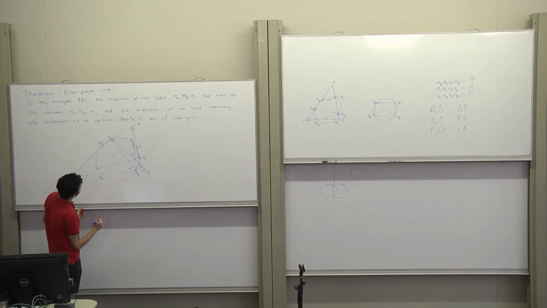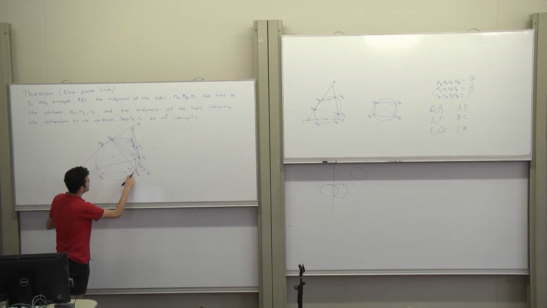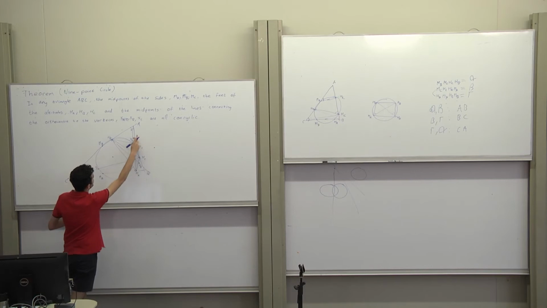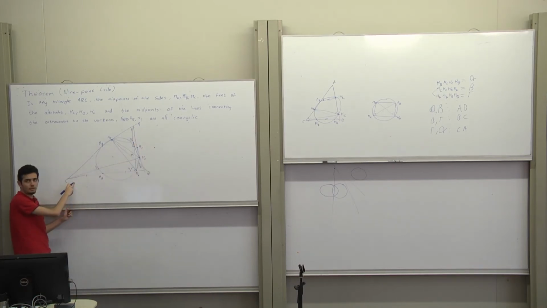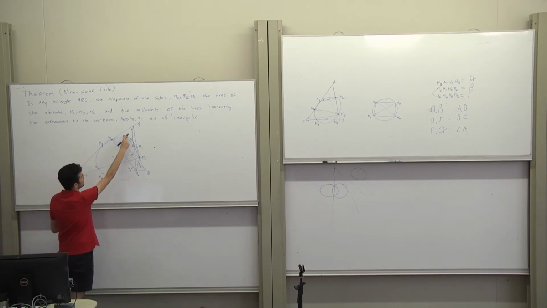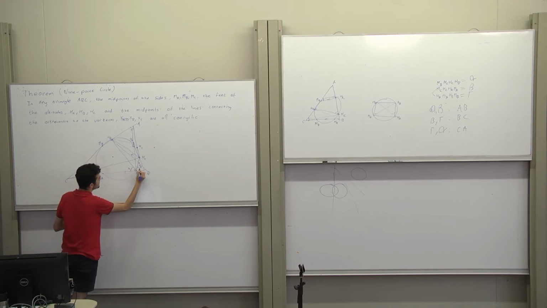And I think, moreover, in AHCHAC, which is a cyclic quad for the same reason that the other one was, we can do the external angle again. So angle CAHC is going to be equal to angle BHAHC. So that's x.